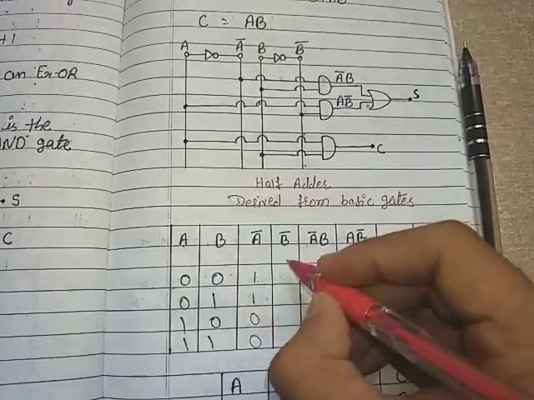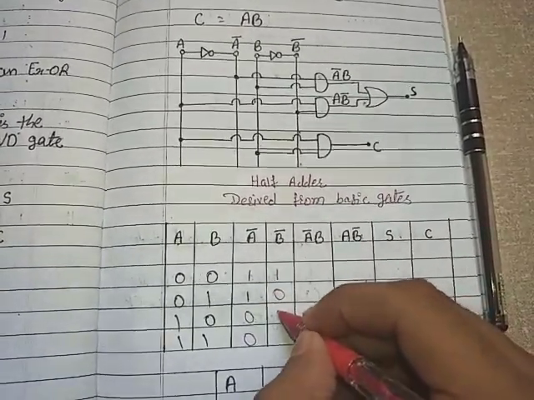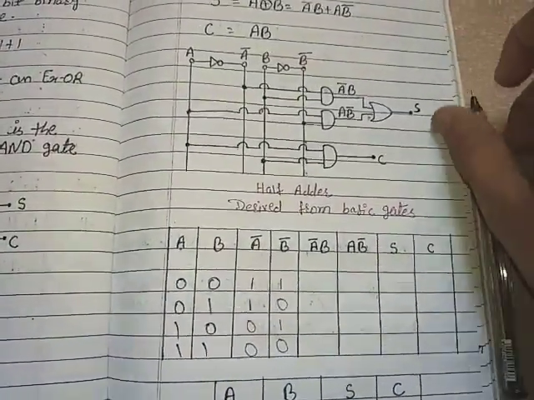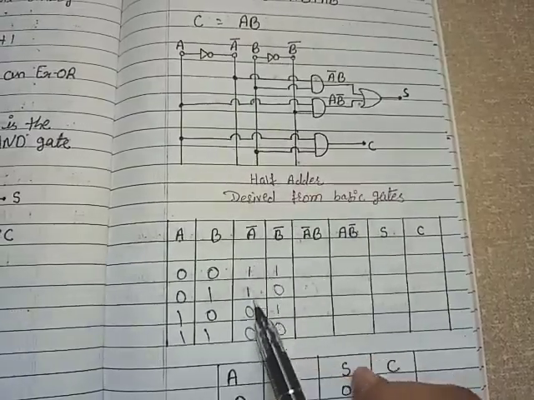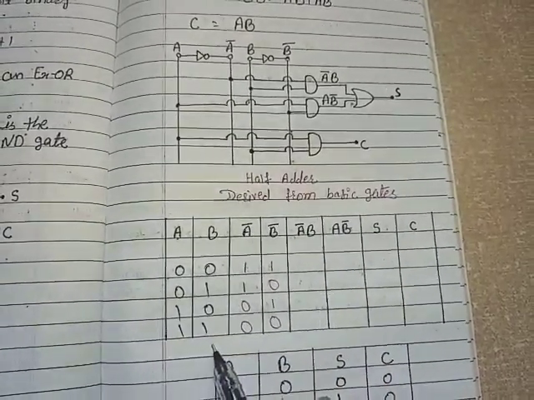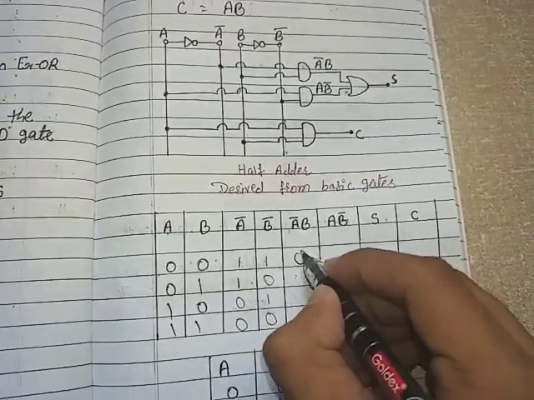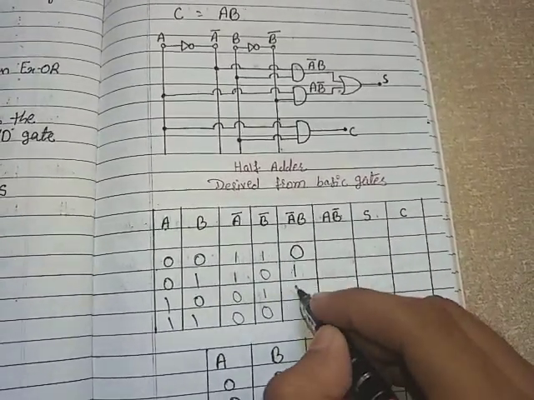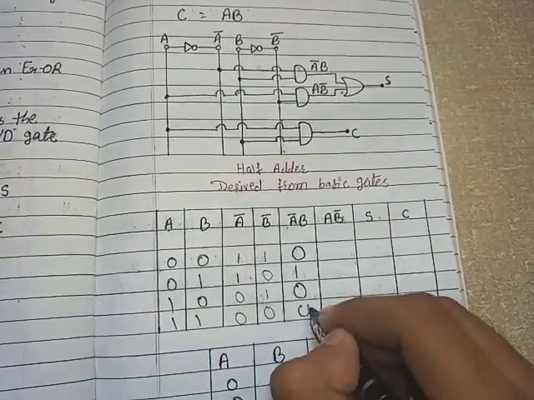Similarly for B bar as well. Now we require A bar B. So here is A bar, here is B. 0 and 1 gives 0, 1 and 1 gives 1, 0 and 0 gives 0 and 1 and 0 gives 0.